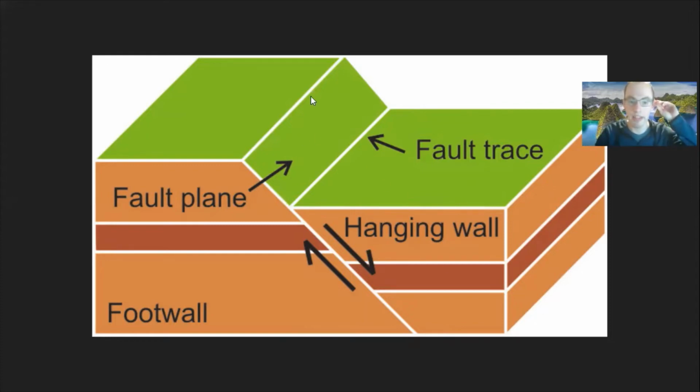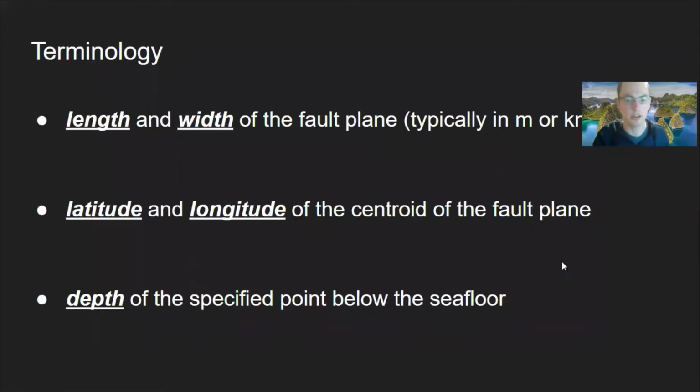We have the fault plane, and we have something called the fault trace, in other words the fault line, which is the line on the surface where those make contact. Later on we'll also see terminology like the footwall and the hanging wall. As we have two plates coming together, that's going to help us describe that geometry.